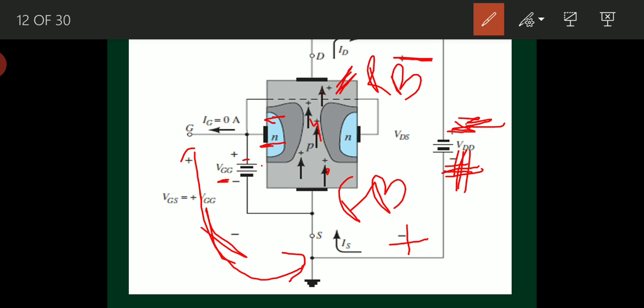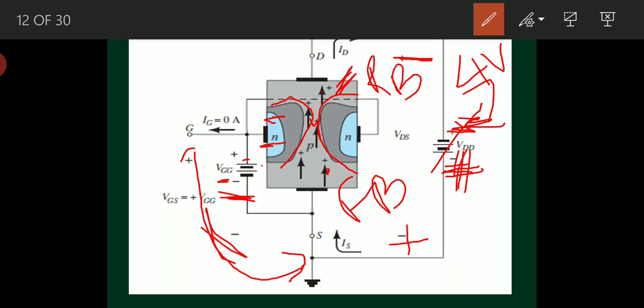Let us suppose previously VDS equal to some 4 volts. When VDS is equal to 4 volts, we are getting the pinch off condition. Why? Because the depletion region width is getting narrower as VDS is increased. Previously. Now what is happening?